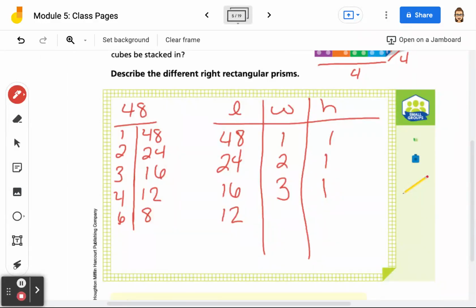And for this one, I can get 12 by 4 by 1. But I can also get 12 by 2 by 2.